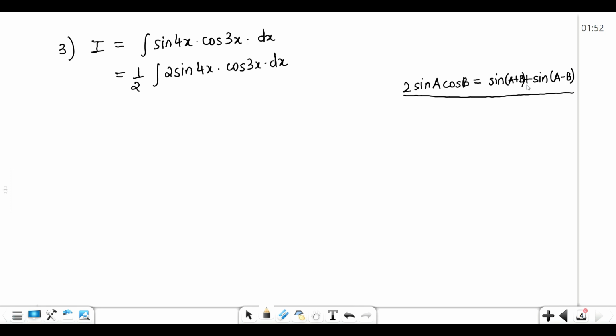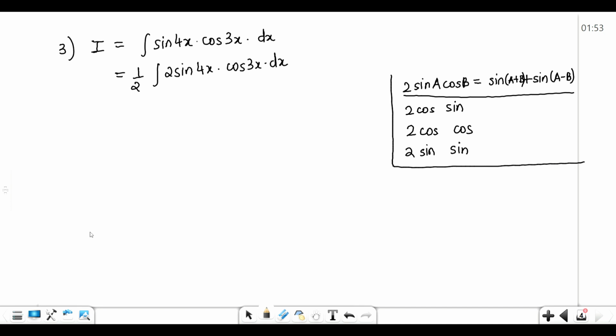We have 4 formulas of this kind, such as 2 cos into sin, 2 cos and 2 cos, and 2 sin and 2 sin, with similar formulas. You can remember all 4.